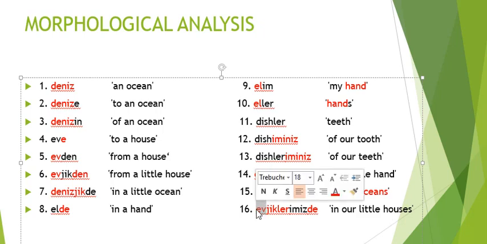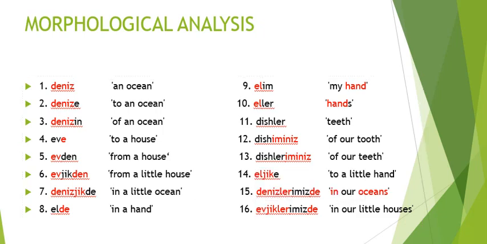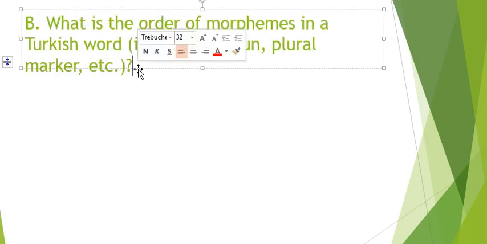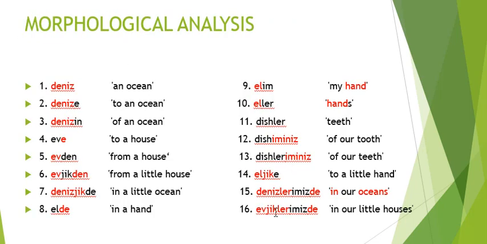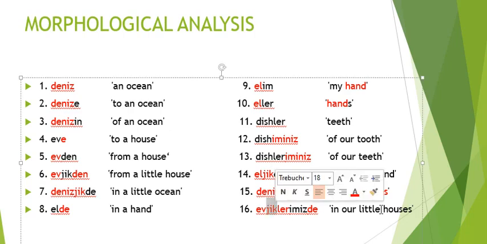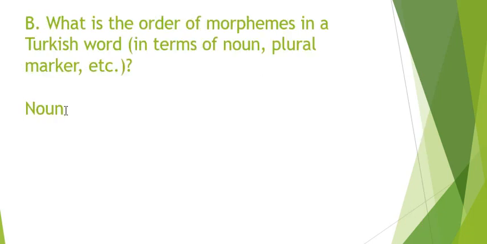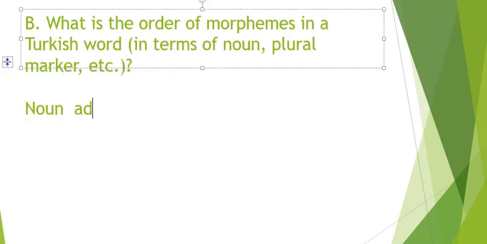So that means that in Turkish you first are going to find the noun. Okay, noun. After that, what do we have? We have cik. And what is cik? Cik is an adjective, little. So next, after noun, you have an adjective.